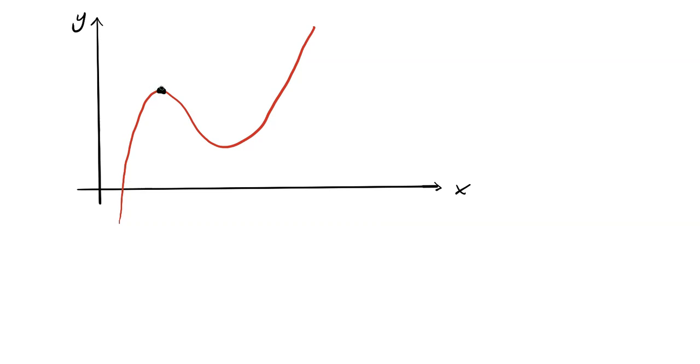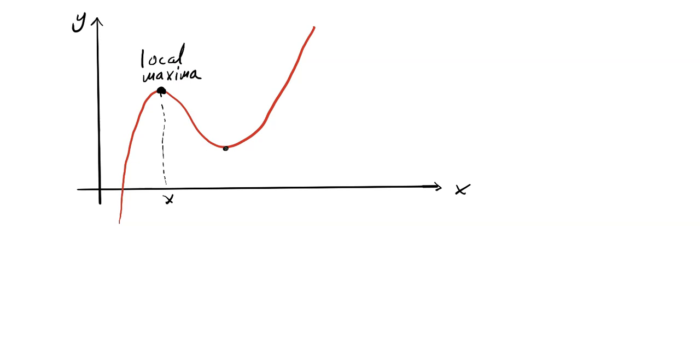We have a local maxima because around this point x here, the curve is at its highest. We can't get any higher up than here, at least locally, if we stay in the vicinity of this point. So this is called a local maxima of the function.